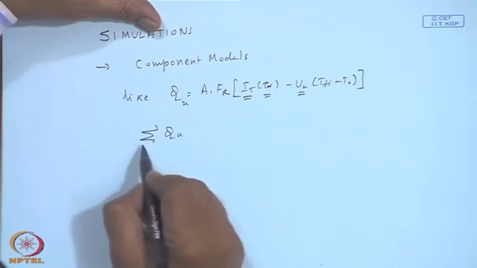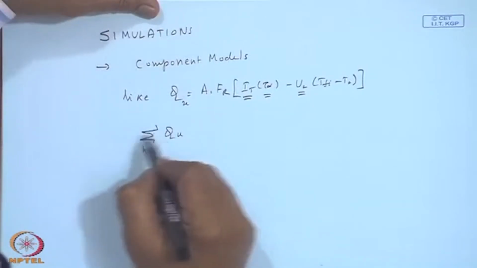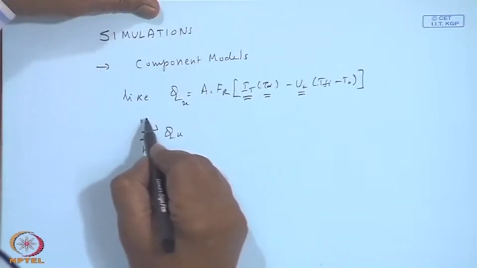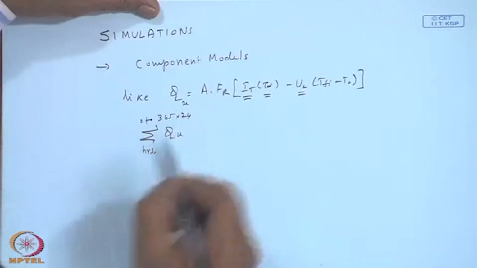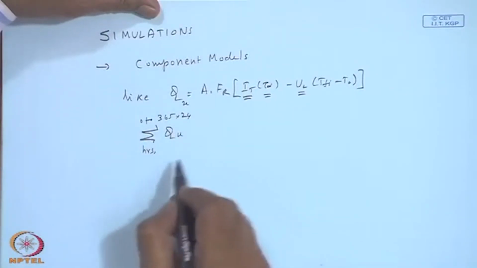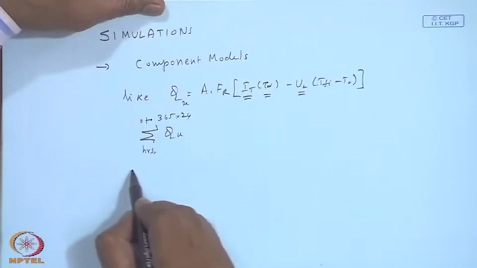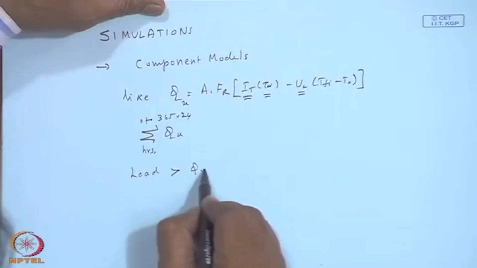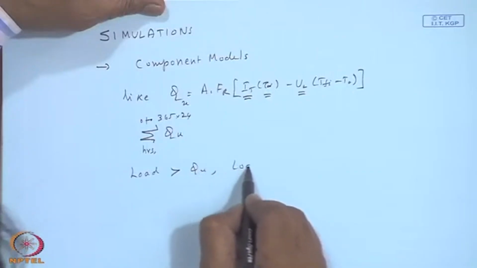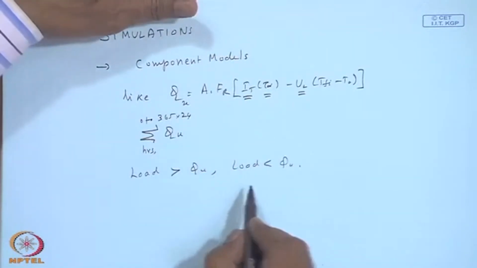Q U over all hours, from 0 to maybe 365 into 24. Then I will also take care of whether the load is higher than Q U or the load is less than Q U at every instant or day or month.